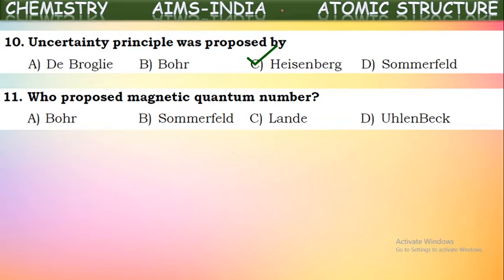Second, the azimuthal quantum number or angular quantum number, proposed by Sommerfeld. Third, the magnetic quantum number, proposed by Lande. And the fourth one, the spin quantum number, proposed by two scientists, Uhlenbeck and Goudsmit. Here they asked about the magnetic quantum number, which was proposed by Lande.